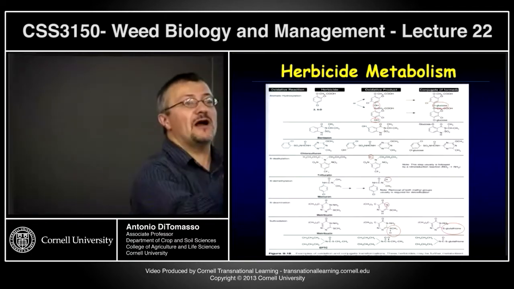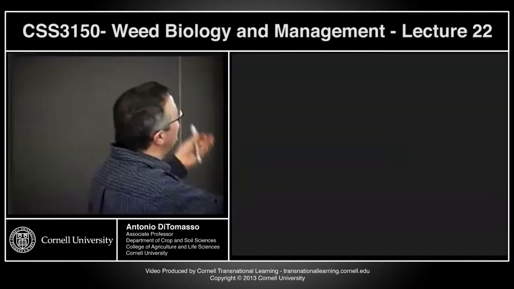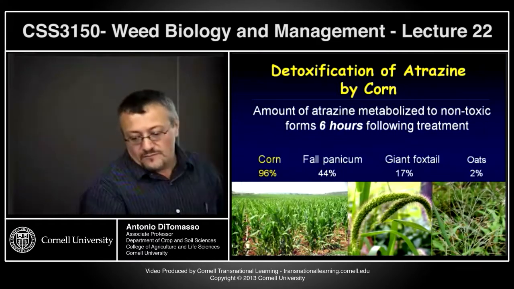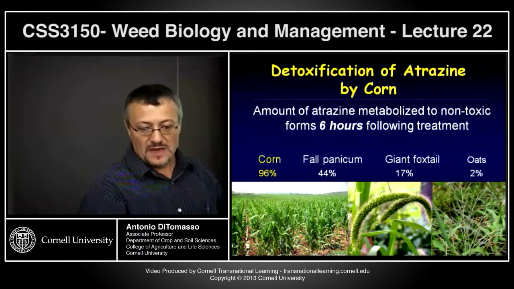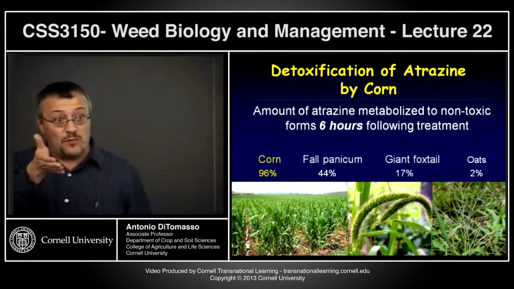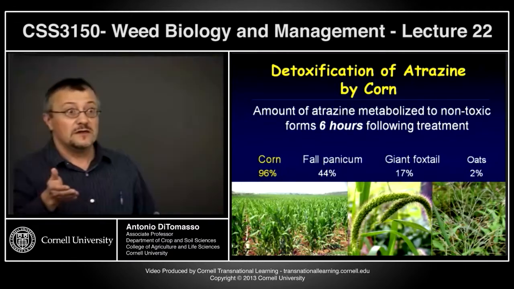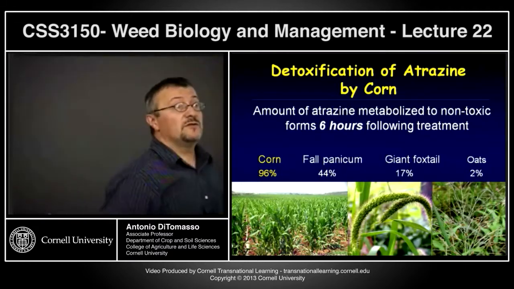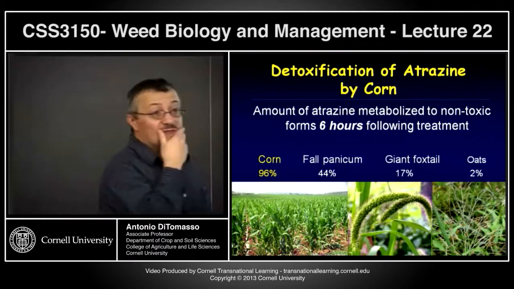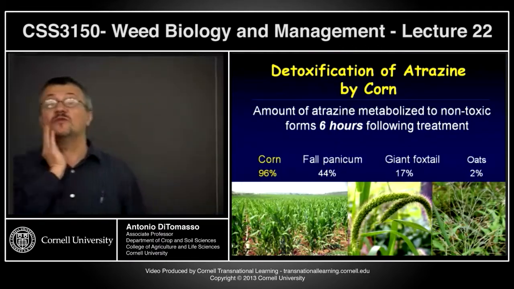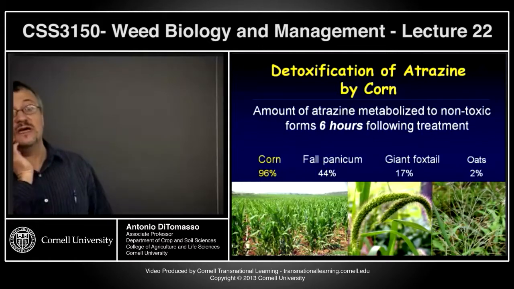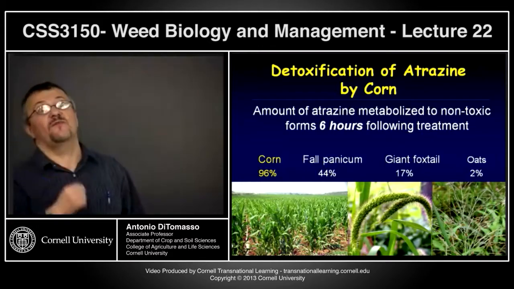So let me give you a concrete example, because this might be a little abstract for some of you, not all. I want to give you the specific example of atrazine. Remember, that's one of your key herbicides, probably the most widely used corn herbicide in the world, and definitely in the U.S. Top 10, top 5.